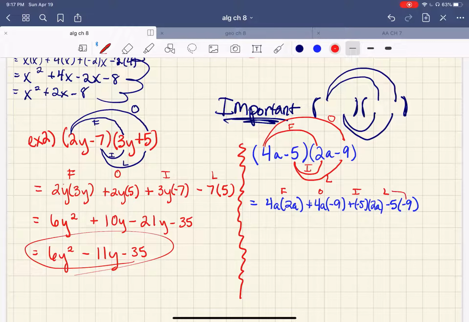So that's the last. Cool. We just simplify. Let's see what we get. 4a times 2a is going to give me 8a squared minus 36a minus 10a plus 45.